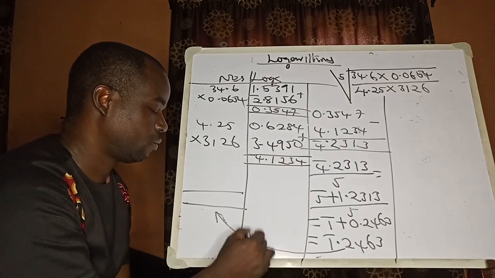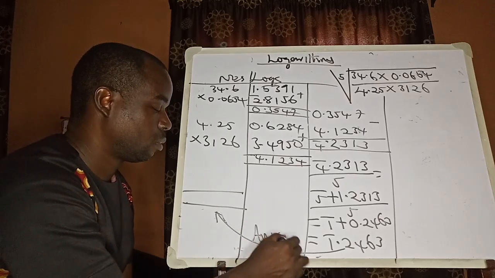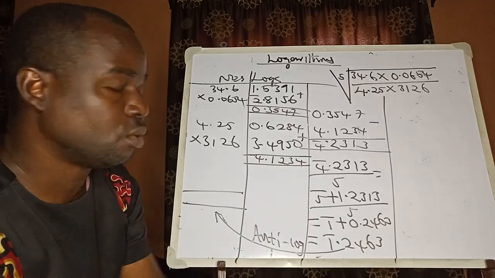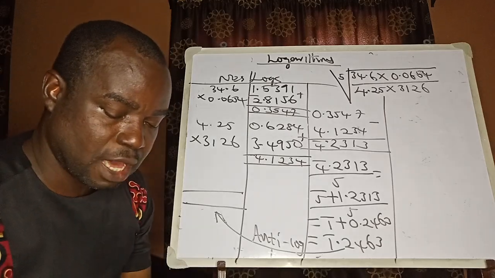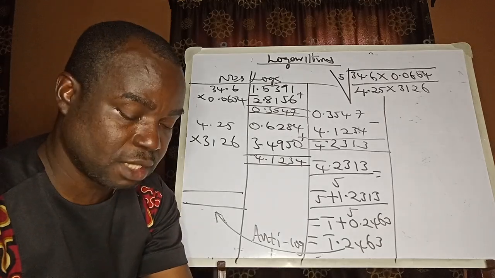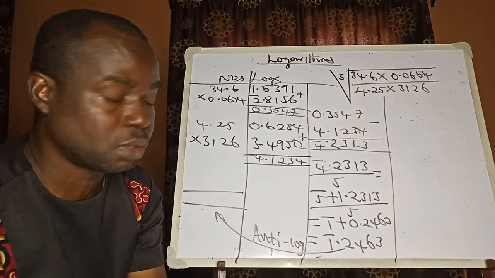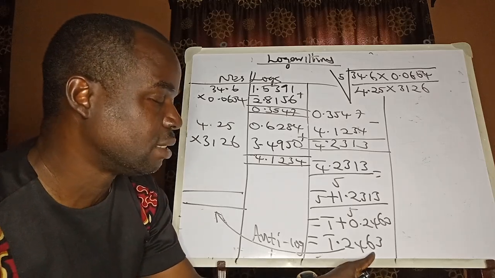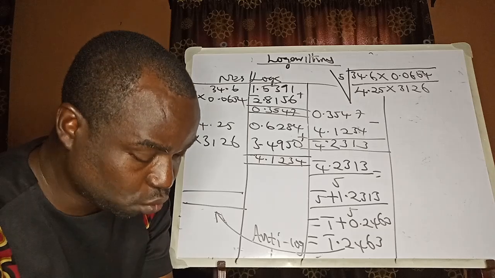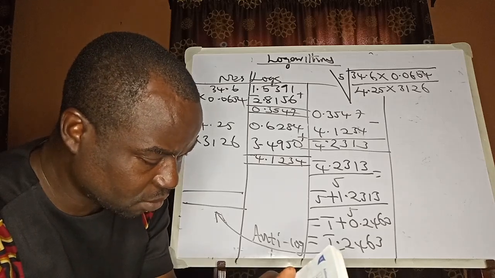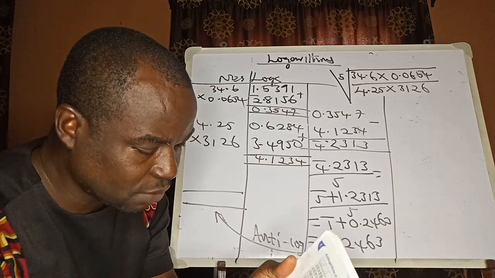Antilog of bar 1.2463. I believe I've taught you how to find antilog. So check antilog tables. Check for 0.24 under 6 difference 3. 0.24 under 6 is 1762.